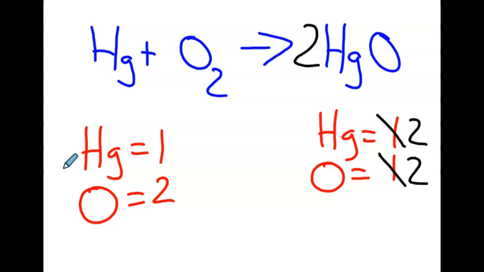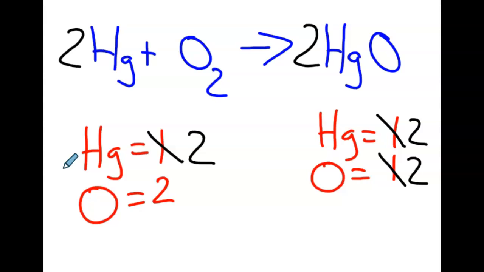So now my oxygens are balanced, but I have to go back to my reactant side to balance my mercury. To do that, I will put a 2 in front of the Hg, changing that to a 2. This coefficient only goes with this one element. Here, on the product side, it went with both elements because it's the whole compound.